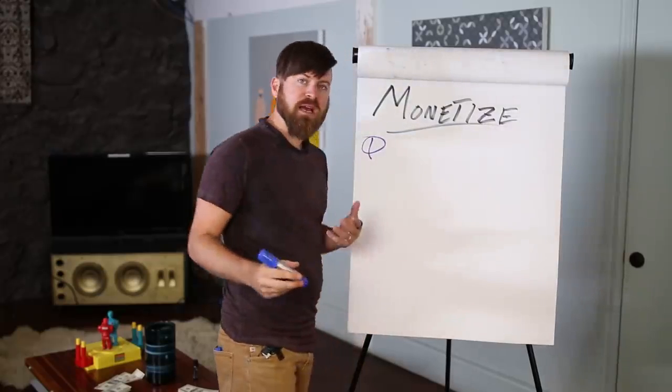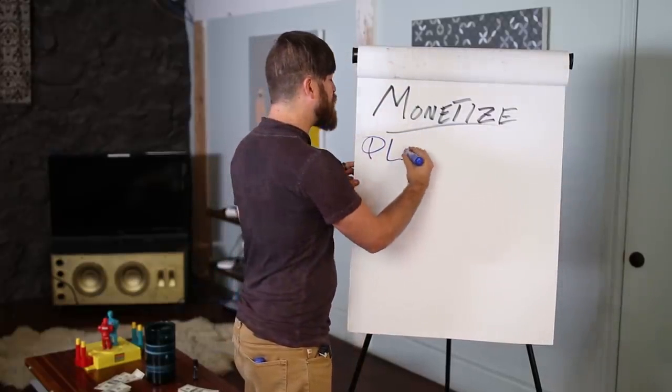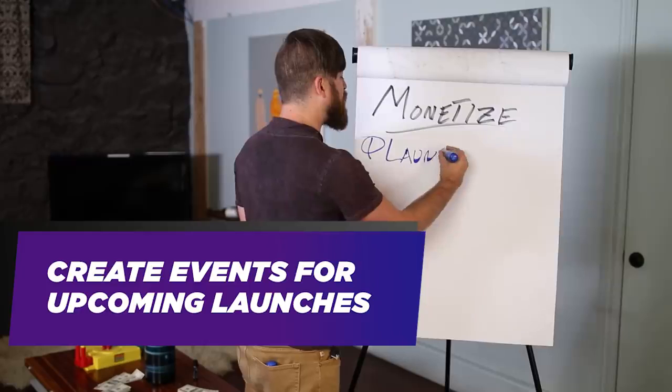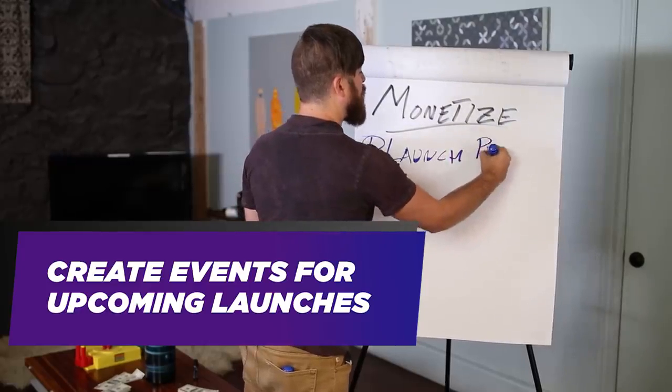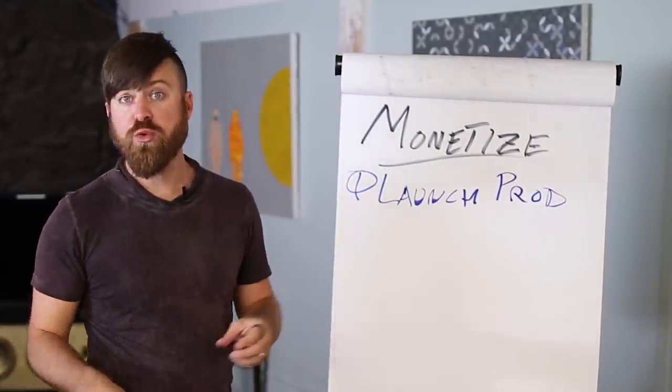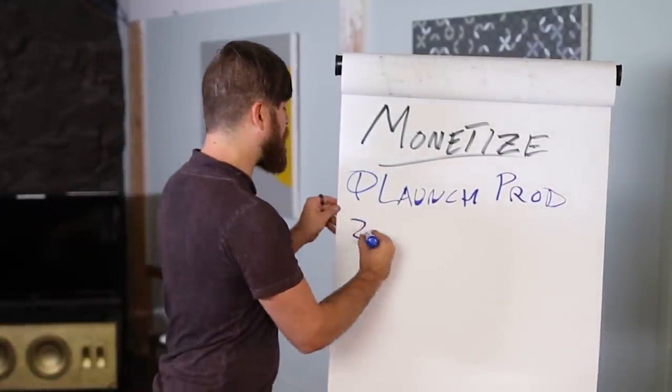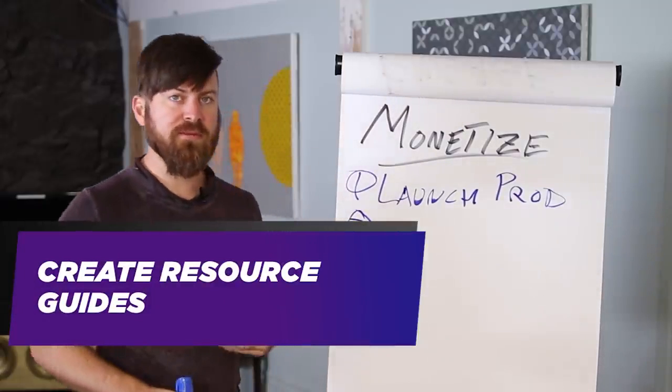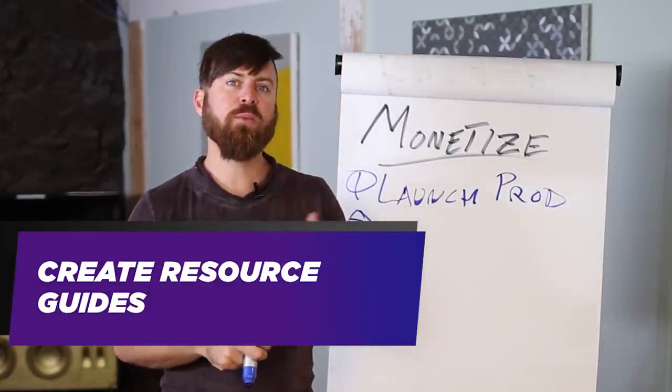Now, ways you could monetize it is you could use it to launch, build up hype to launch products, okay? Or launch new offerings of whatever your company does, or launch new affiliate products. You could create resource guides with bunches of affiliate links. Let's say you are running a weight loss group.